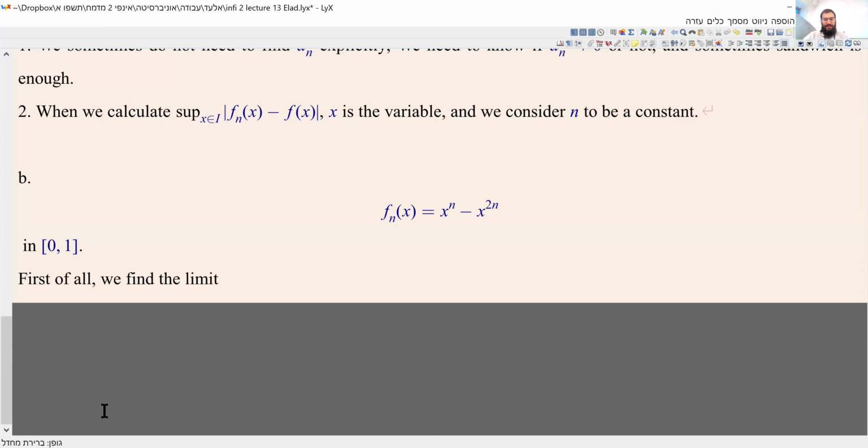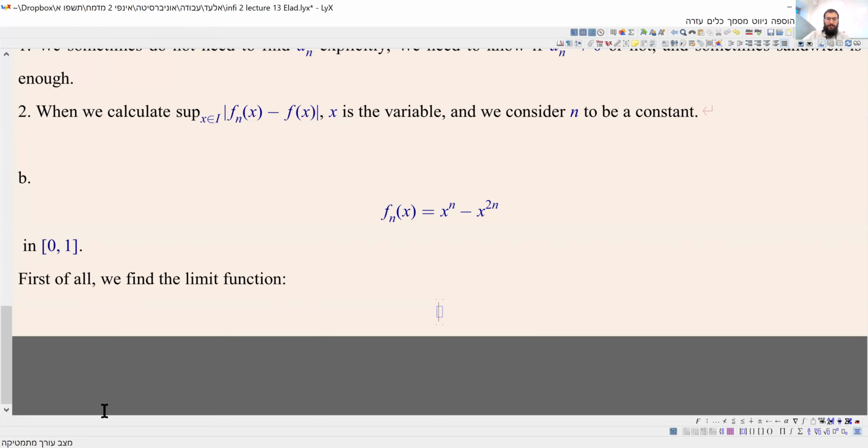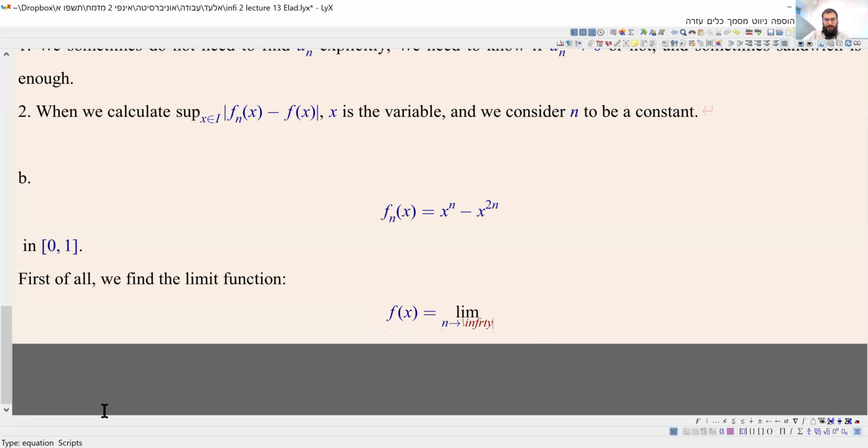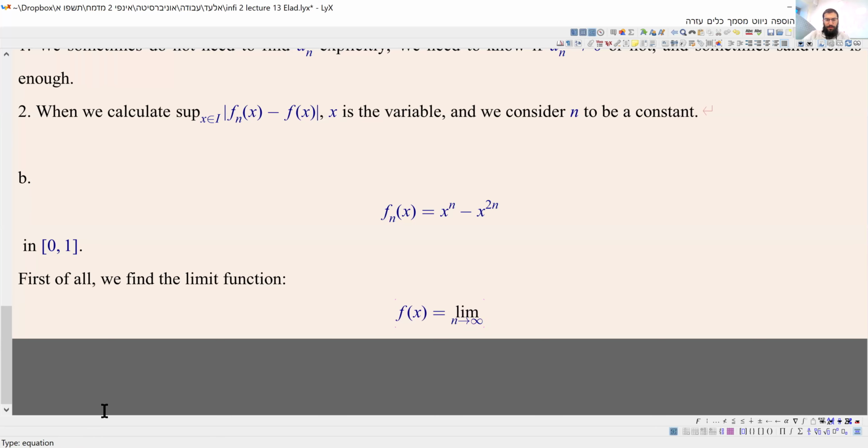We find the limit function. f(x) is the limit where n goes to infinity of fn(x), and it is the limit of x to the n minus x to the power of 2n.